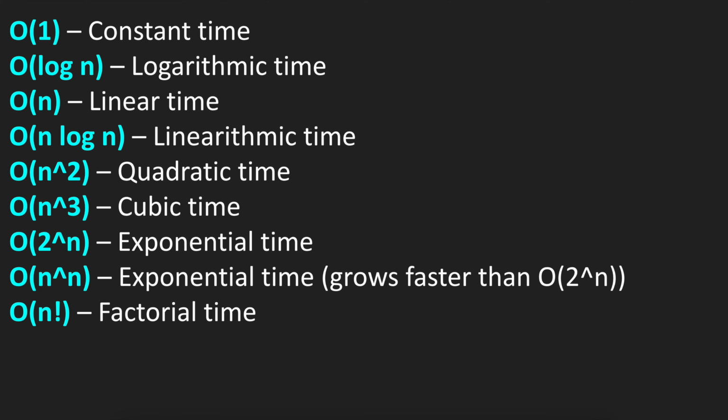Let's say that for an array we are creating another array where we are going to store temporary results. For that, the space complexity would be O of n. Or let's say that for some other reason we need to create a 2-dimensional array with the size of n by n. In that case our space complexity would be n squared, because we are creating extra space that grows quadratically with our input.